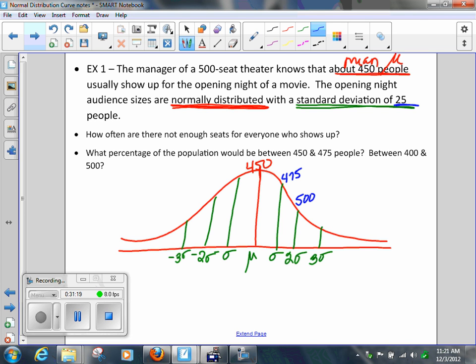How come? 475 plus 25. And what is the value 3 standard deviations away from the mean? 525. Do we do the same thing going in the negative direction? Yeah, absolutely. 450 take away 25 is 425. Take away 25 is 400. Take away 25 is 375.